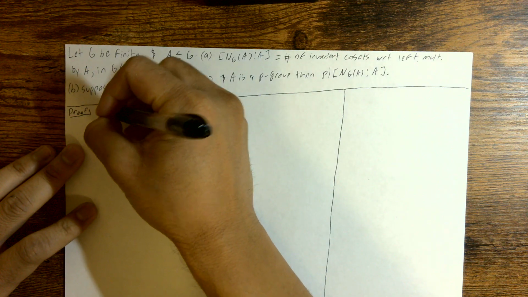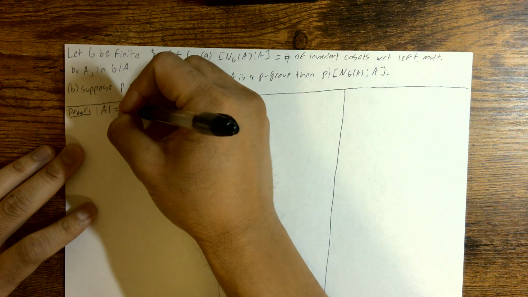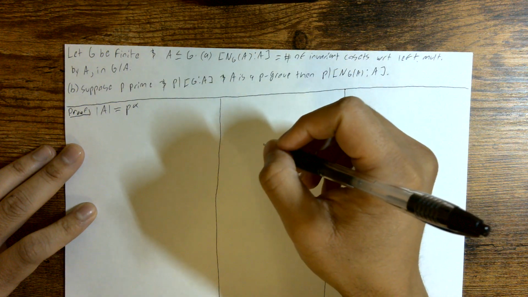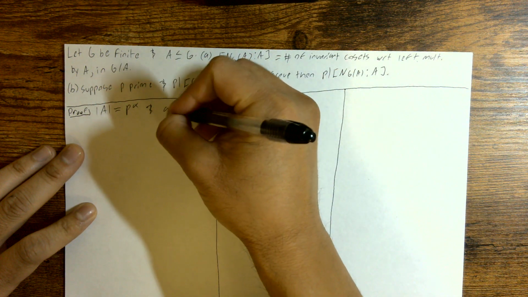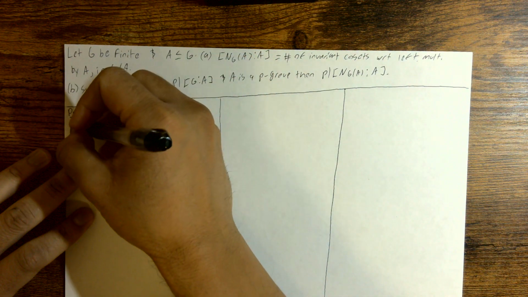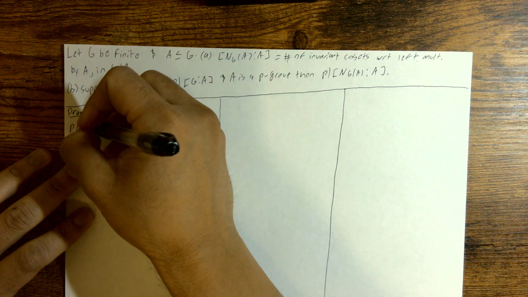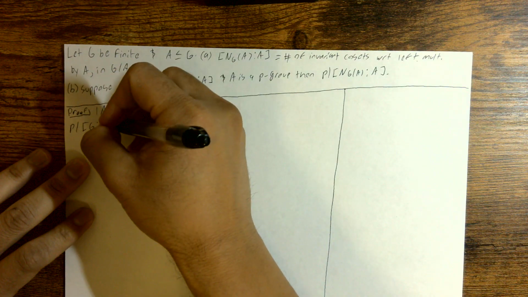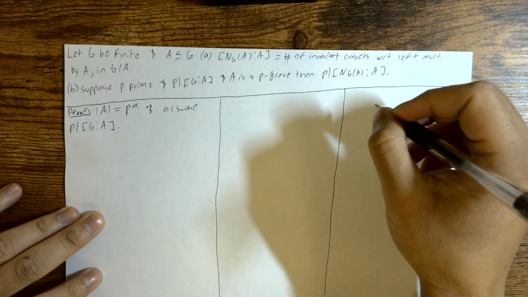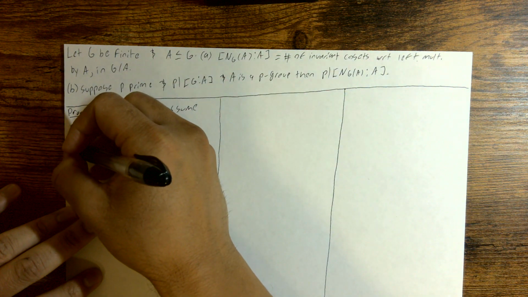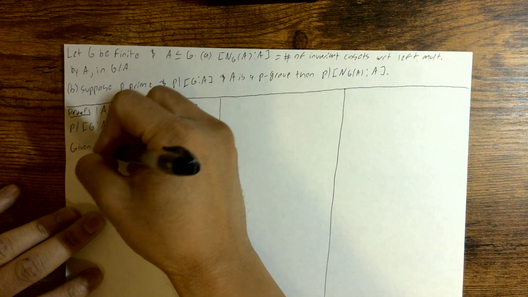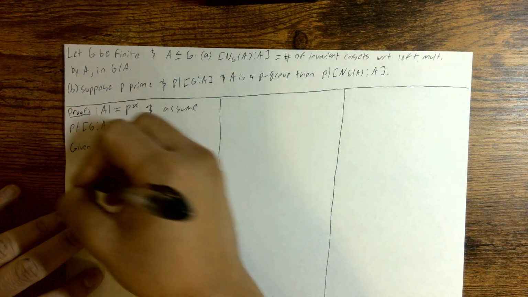So let A have cardinality p^α, since it's a p-group. And assume that p divides the index of A in G. So, given G and A, we have two cases.